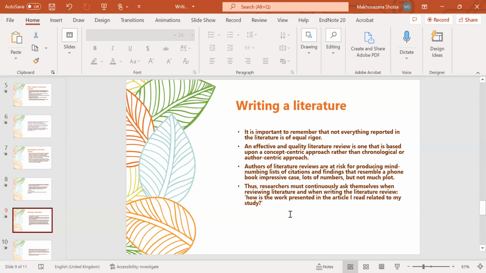Authors of literature reviews are at risk of producing mind-numbing lists of citations and findings that resemble a phone book. Impressive case, lots of numbers, but not much plot, right? So when you review literature, you need to be mindful that it is not about the list of citations.